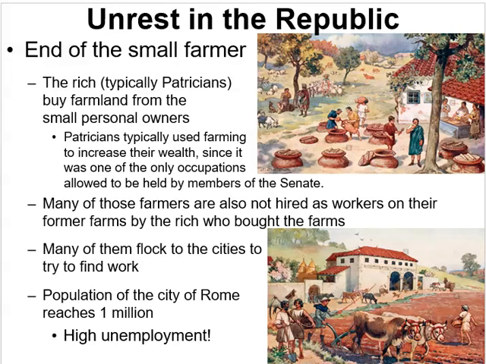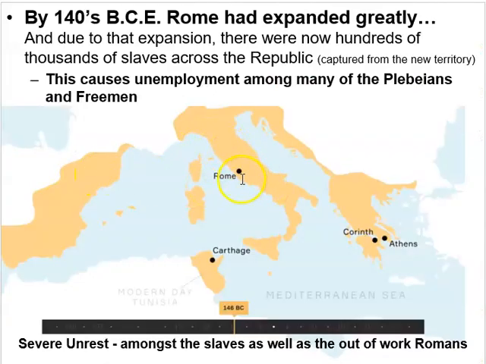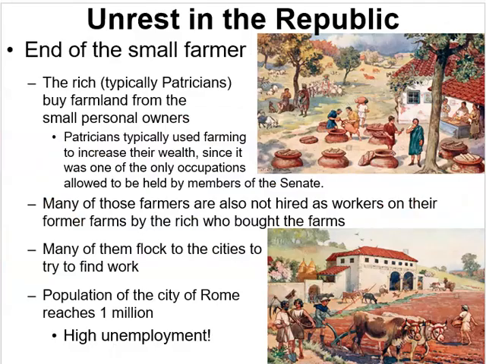And so eventually these patricians end up buying up tons and tons of the farm throughout the Italian peninsula, okay, because this is where most of the patricians live, and they're buying up land all throughout this area right here, actually all the way down to here as well. And the patricians are becoming very rich off of this, because they're basically now having multi-hundred-acre or even up to several thousand acres plantation-sized farms.